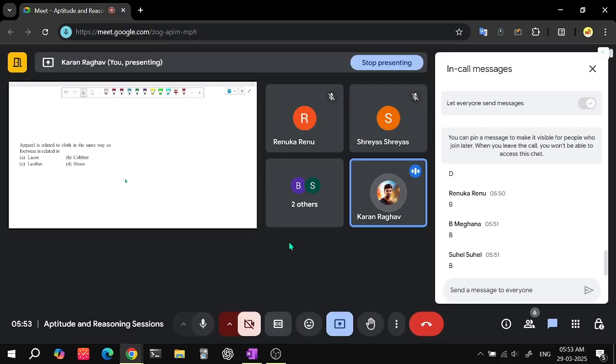So what is the answer here? To make dress we'll use cloth. To make footwear what we'll use? Anybody answer? To make footwear, to make shoes, to make chappals, what do we use?